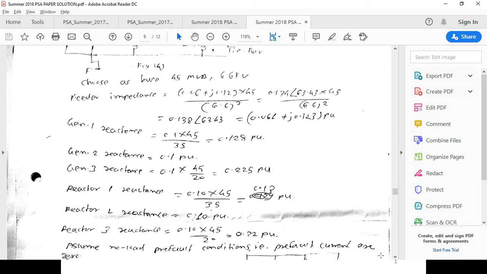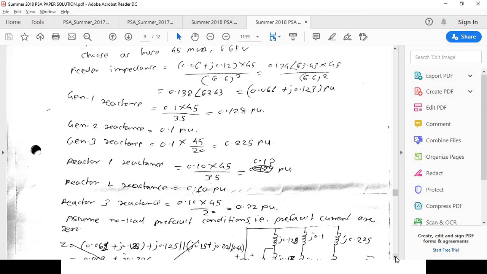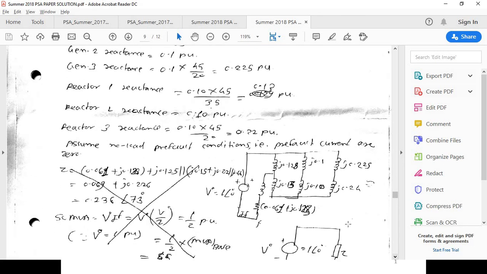Now that we have all the reactances in per unit values, we calculate the reactance diagram before the occurrence of the fault, for the pre-fault condition. This is the EMF, then the feeder whose impedance is given, then the three generators connected in parallel, with their generator reactances and current limiting reactors.